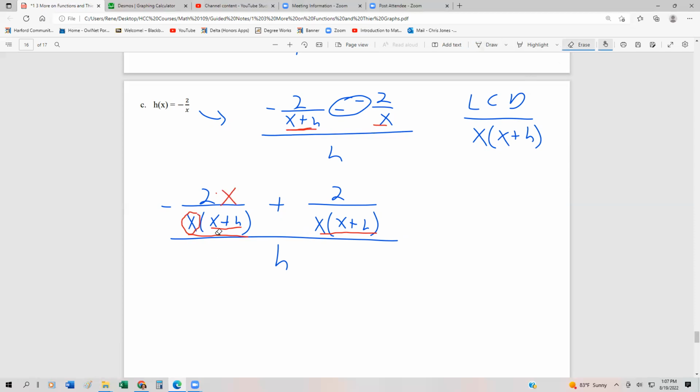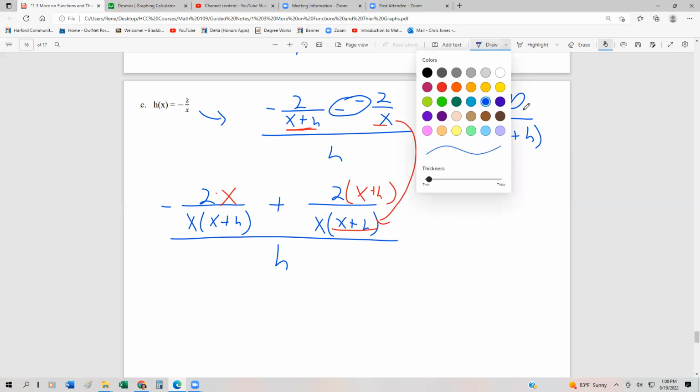It's basically like a fraction: whatever you multiplied to get to 1, you have to multiply to the numerator as well. And then to go from here to here, now we have this factor of x plus h, so I'm going to multiply the numerator by x plus h. Again, just getting a common denominator, making sure that we're able to add these fractions together in the numerator. So now we're going to distribute and then collect like terms.